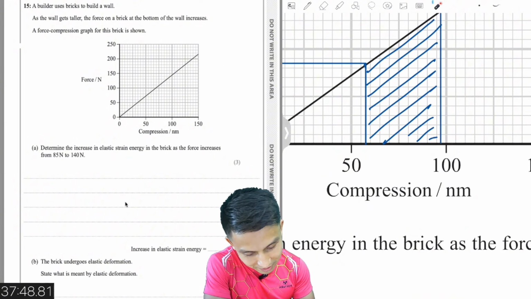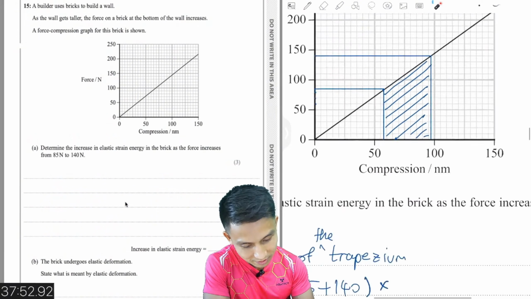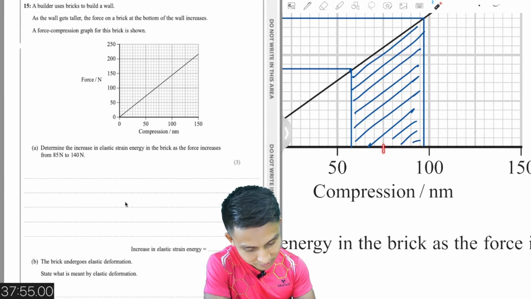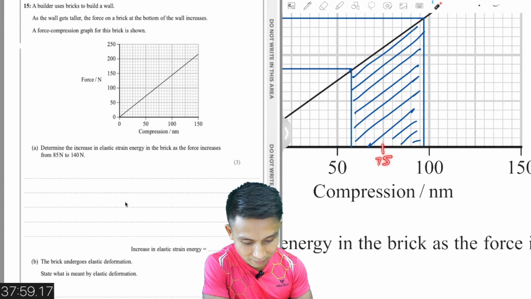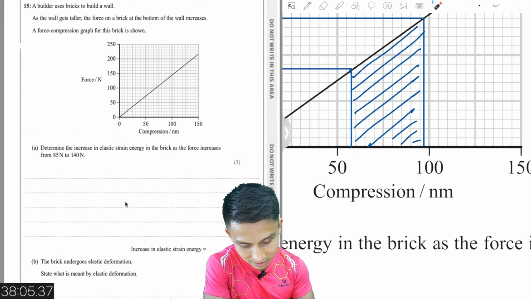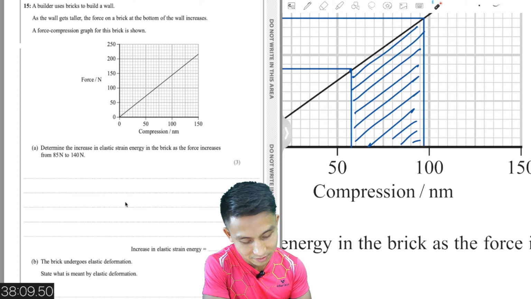So that is how many? This is 75. So this, hang on. 75, so that's 5 each, 60, 70, yeah. So this is 55, and this is 95, right?